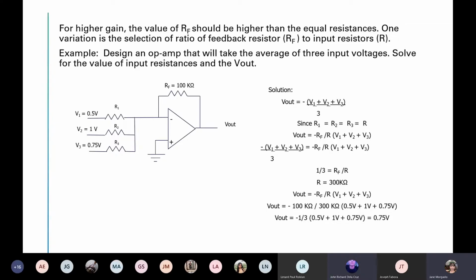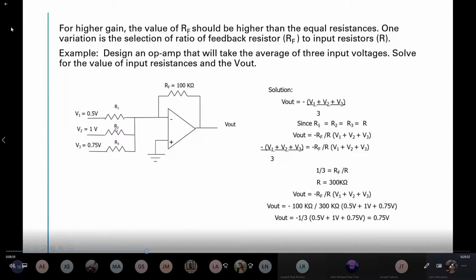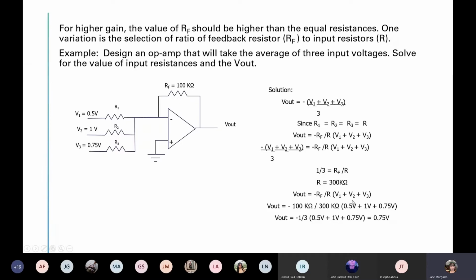Okay. Now, we do solving for V out. Meron tayong RF, 100K. R is 300K. Ito na yung value ni R1, R2, and R3. Lahat sila 300K. Times input voltages: V1 is 0.5 volts, V2 is 1 volt, and V3 is 0.75 volts.